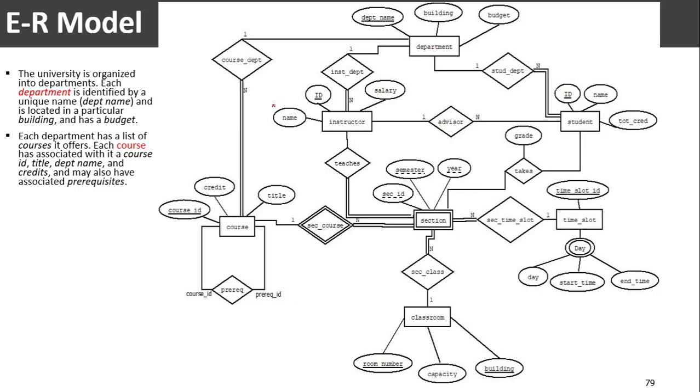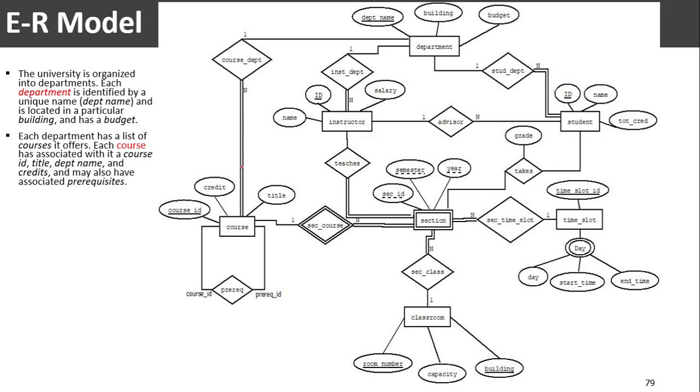Further, about the mapping cardinality of this relationship course department, it is many to one from course to department. So why it is many to one? See, one department may offer more than one courses, so many courses. One department may offer many courses, but one course is offered by at the most one department. So it is not possible that one course is offered jointly by more than one department.